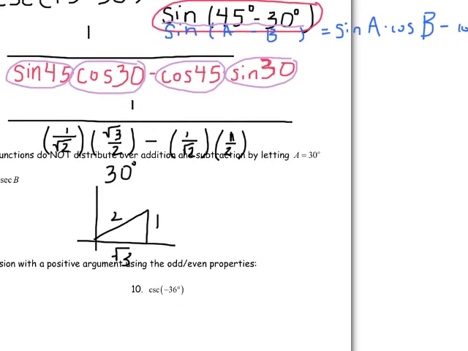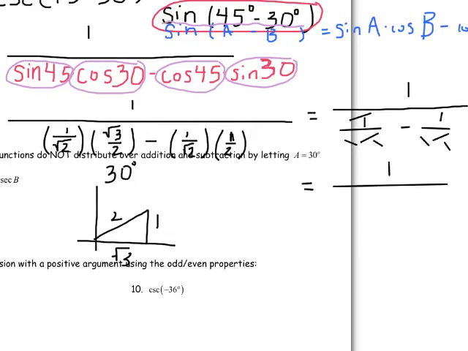So I don't need those triangles anymore. So equals 1 over. What is 1 times root 3? Well, that's just root 3 over 2 root 2, minus 1 over 2 root 2. Equals 1 over. They already have a common denominator, so root 3 minus 1, all over 2 root 2.